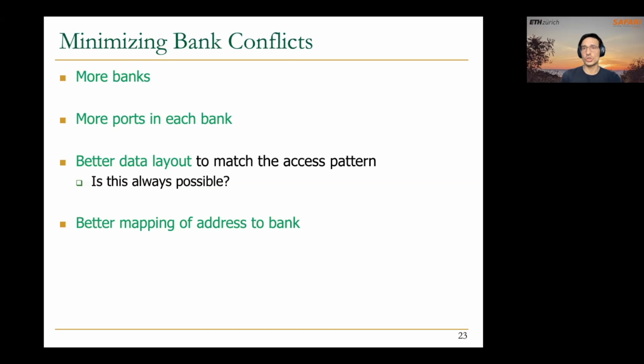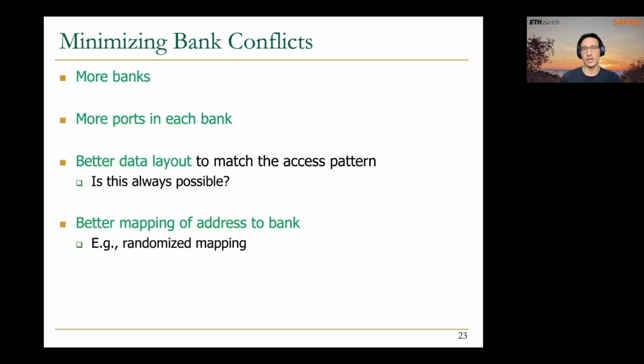Another possibility is to propose a better mapping of address to bank. Notice that in our examples until now, we have just considered a linear mapping of address to bank. Address 0 goes to bank 0, address 1 goes to bank 1, address 2 goes to bank 2, and so on. But randomized mappings have been proposed multiple times in the past.